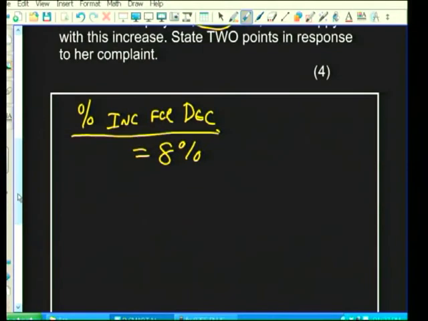Right, now if we look at the increase of 8%, is it that bad? Probably isn't, because if we compare the increase to the inflation rate, 8% in comparison to the inflation rate is quite fair. 8% is a fair increase.